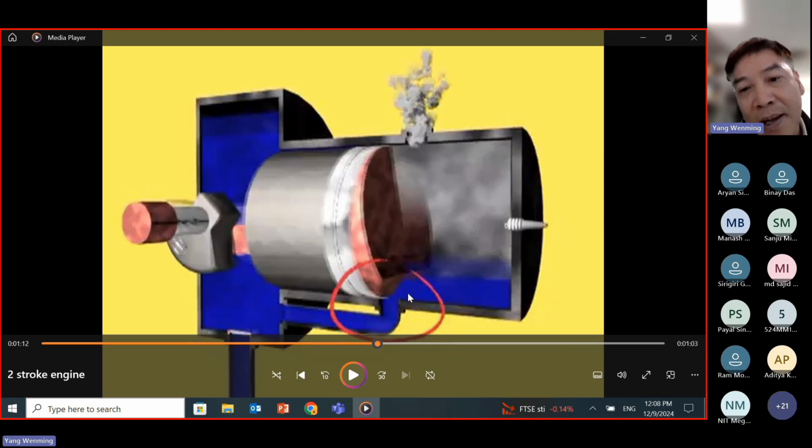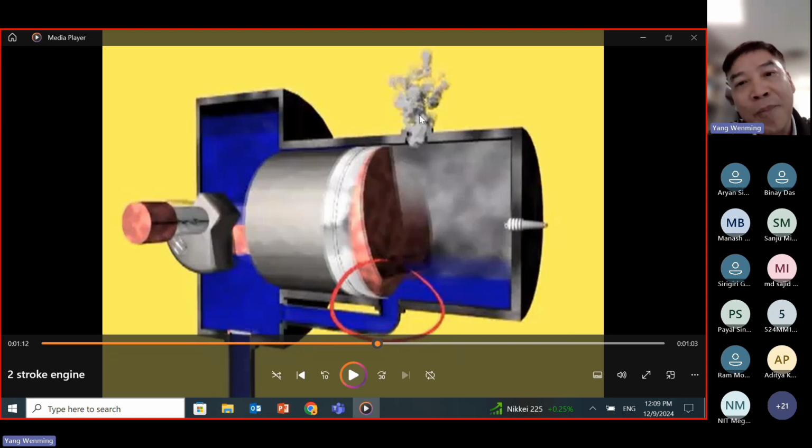Thereby, when this transport port or inlet port is open, the higher pressure and higher density fresh charge will be delivered into the cylinder. So in this case, as you can see, the piston has three functions.